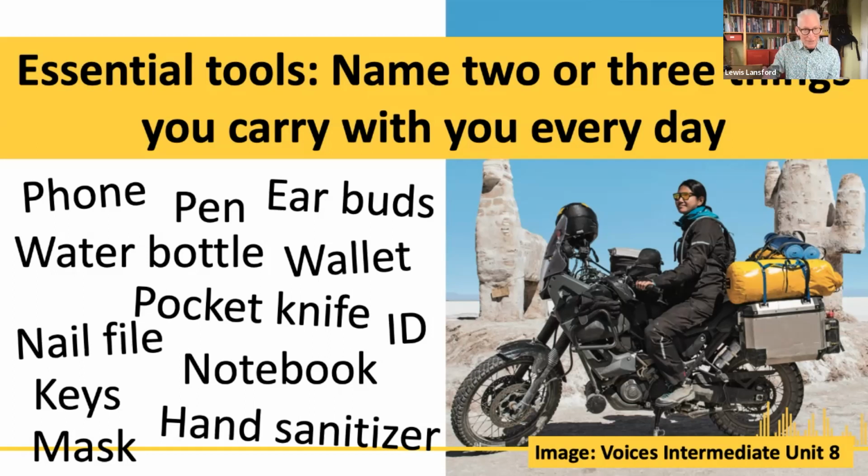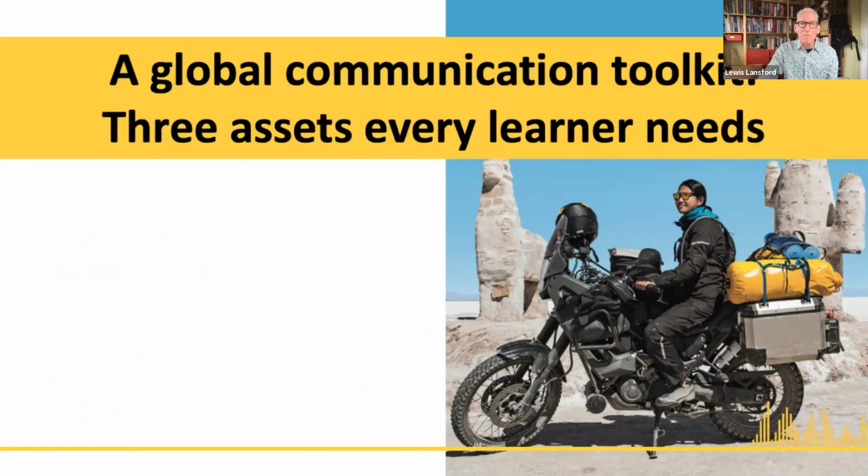And if we didn't have them with us, we would really miss them. I would like to use these things as a metaphor for what I'm calling the global communication toolkit. And these are assets that learners should carry with them every day, or learners can use every day as they move in the world of English.